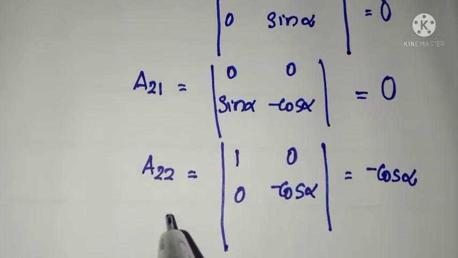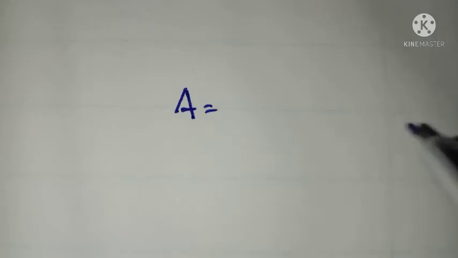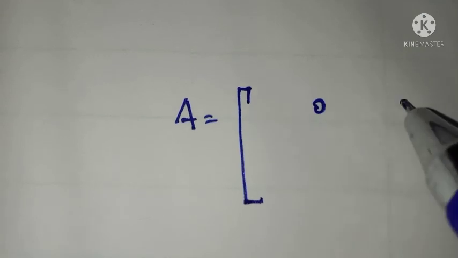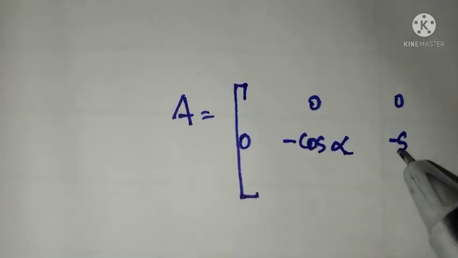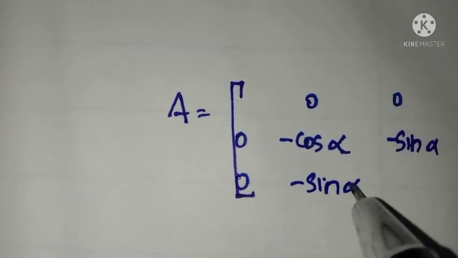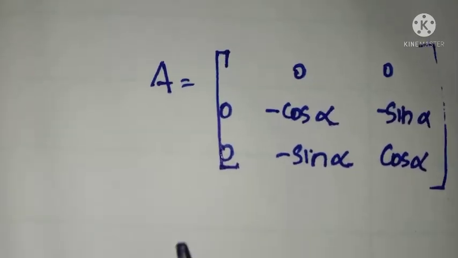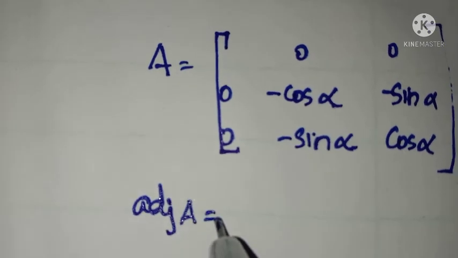Similarly, we can find the remaining entries. Okay. So we have the cofactor matrix A equal to [1, 0, 0; 0, -cos alpha, -sin alpha; 0, -sin alpha, cos alpha]. Now find the transpose. The transpose of this cofactor matrix gives the adjoint matrix.